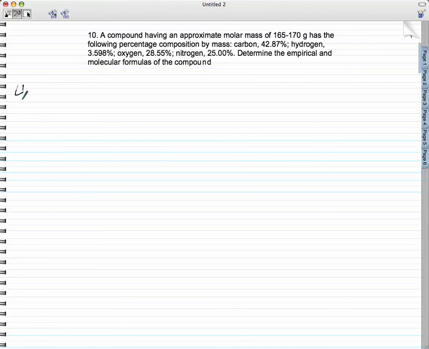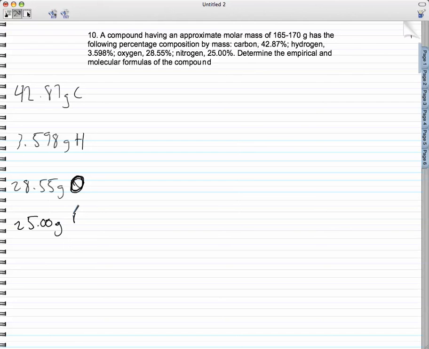So we'd have 42.87 grams of carbon, 3.598 grams of hydrogen, 28.55 grams of oxygen, excuse me, that's oxygen, and 25 grams of nitrogen.